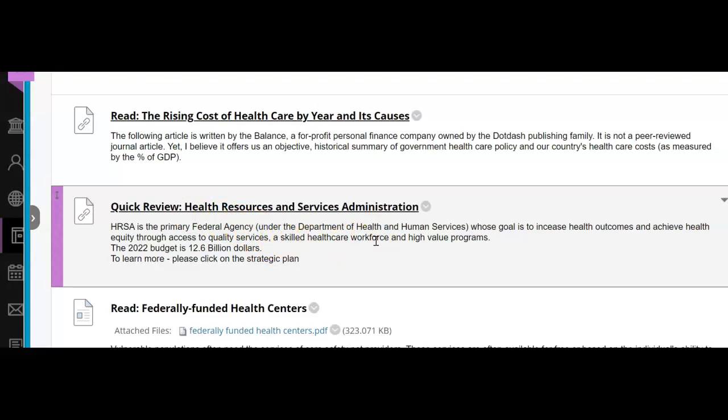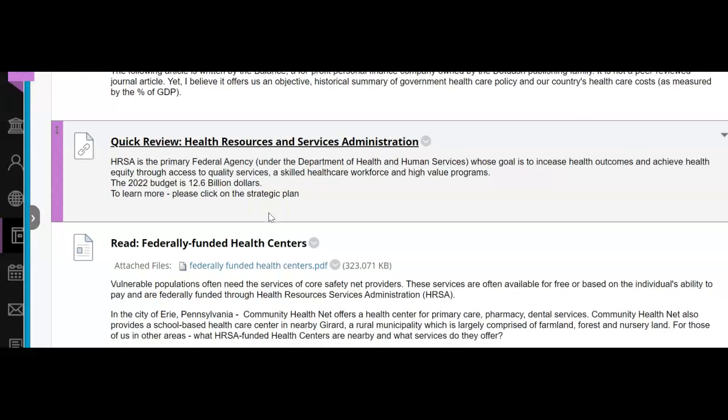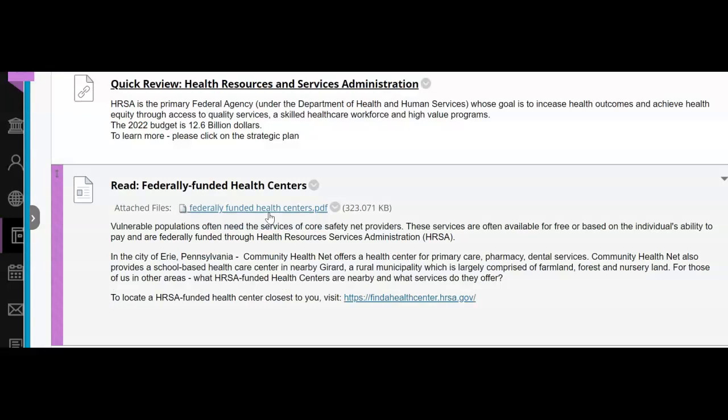So there are grants, for instance, for nursing, nurse loan grants for if an individual wants to go on to take courses for nursing education, those kinds of things. But that's HRSA, and I want you to read a little bit about them, because then we're going to be looking at these HRSA-funded health centers.